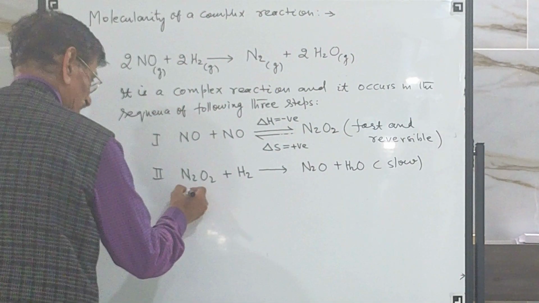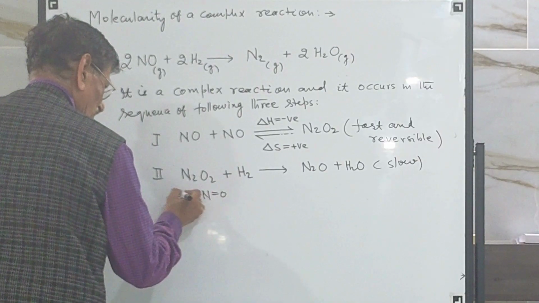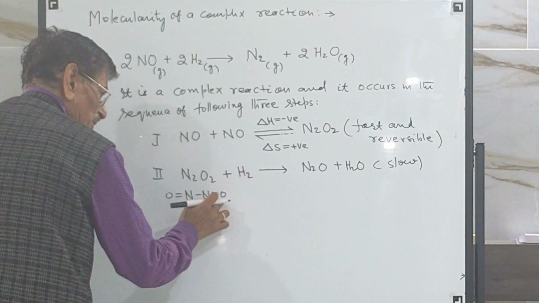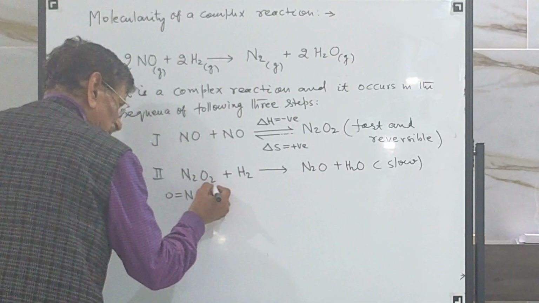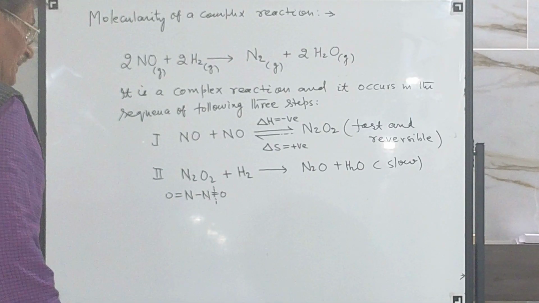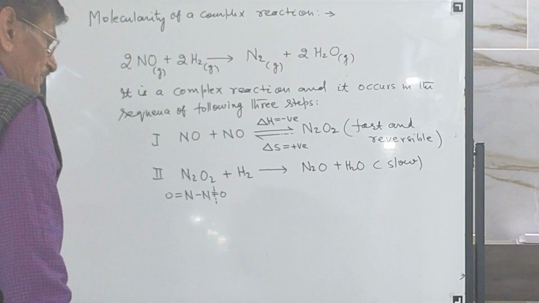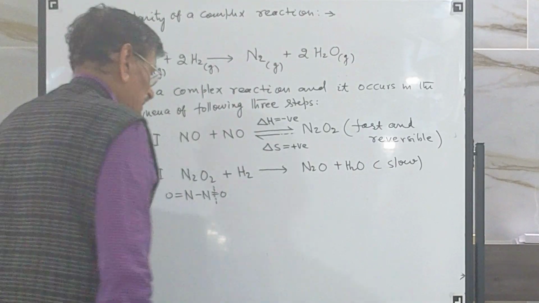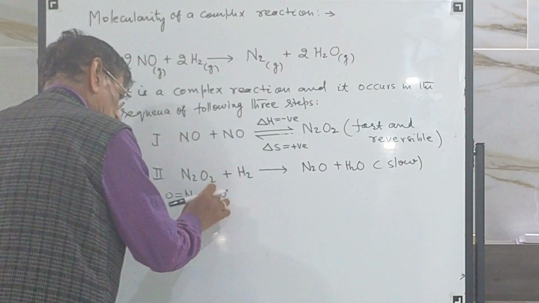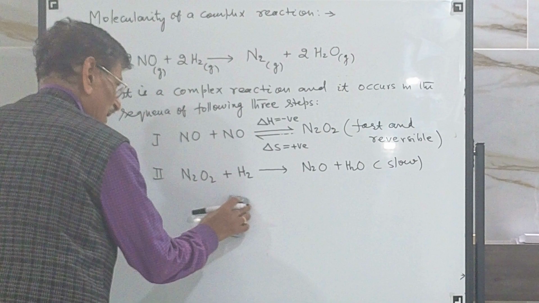Because this molecule has the structure O double bond N, N double bond O. When hydrogen combines with oxygen to form H2O, this bond has to be broken. This is a double bond, and to break a double bond, more energy is needed compared to breaking a single bond. So the bond breaking is difficult, and this process becomes slow.